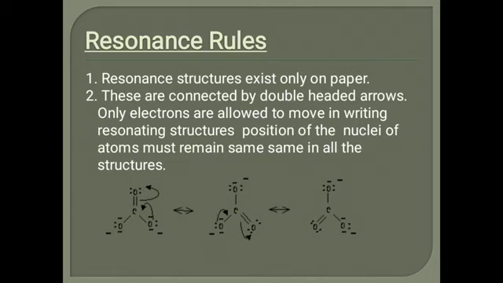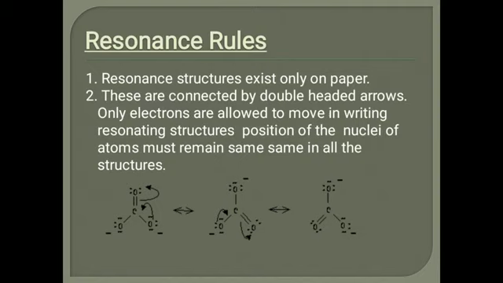The second rule is that only electrons are allowed to move in writing resonating structures. The positions of the nuclei must remain the same in all the structures. As we see in this structure of the carbonate ion, as denoted by the arrows, there is movement of electrons.